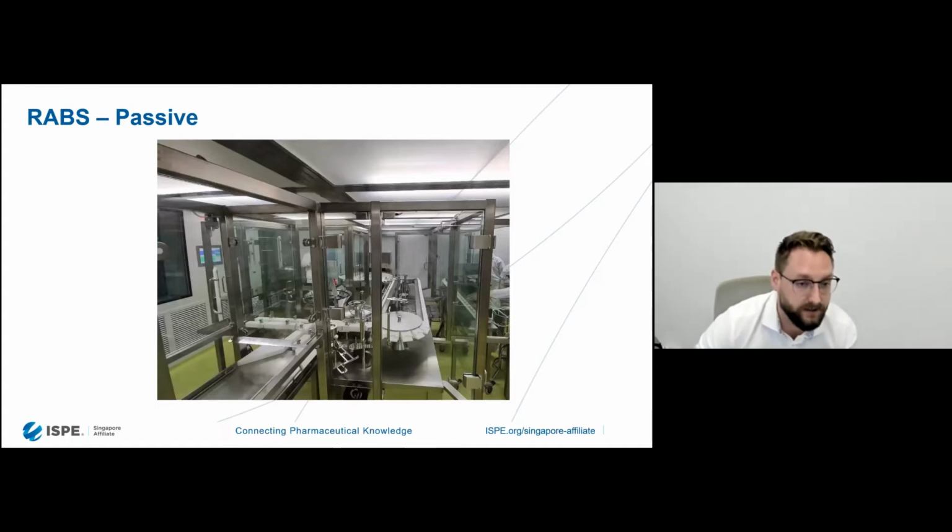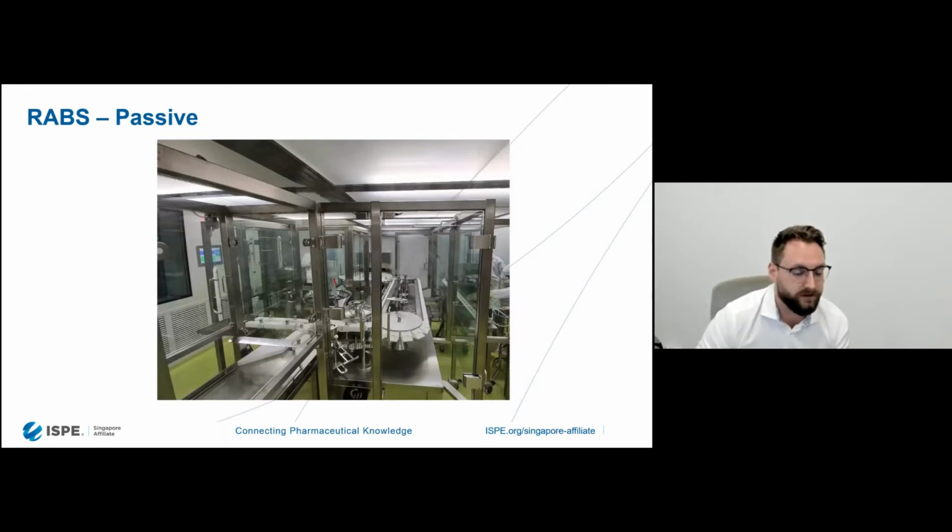So here's a photo of one of the lines we've looked at in previous projects. You can see this is a passive RABS with no gloves. The example I just gave of an intervention obviously had a glove port. For this one, the same type of intervention would be: operator opens door number 1, uses forceps from wherever, and then closes the door.